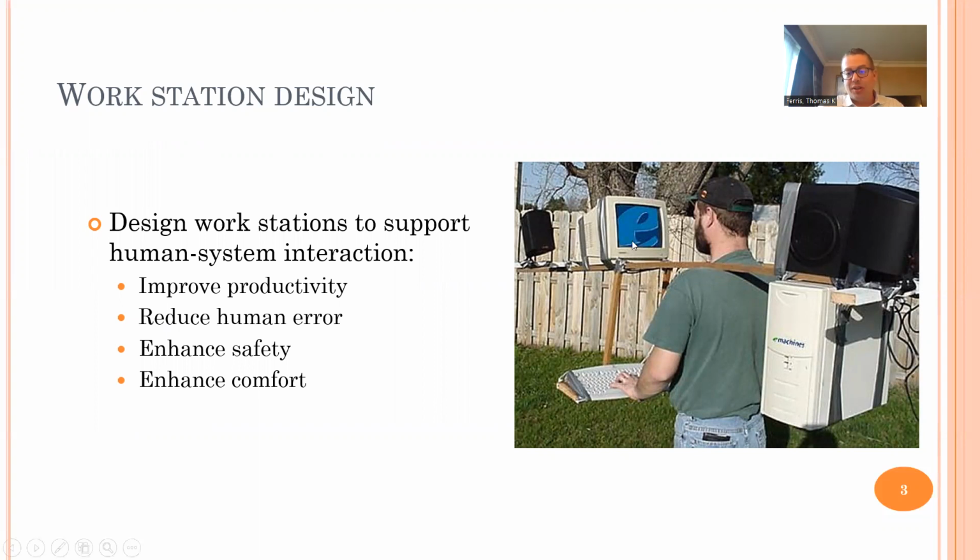So this is obviously silly, but the idea is, we are taking the functions that the human needs to perform, and we are orienting those functions around them when they're in the space where they're performing the work. And so the way that those things are distributed around that space can affect the outcome. So in general, we're looking for these classic human factors solutions: improving the productivity of the system, reducing human error, making the system safer or more comfortable.